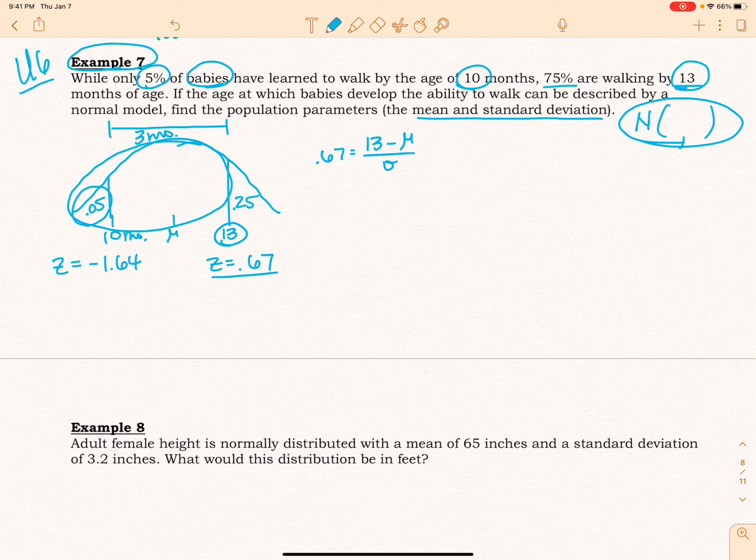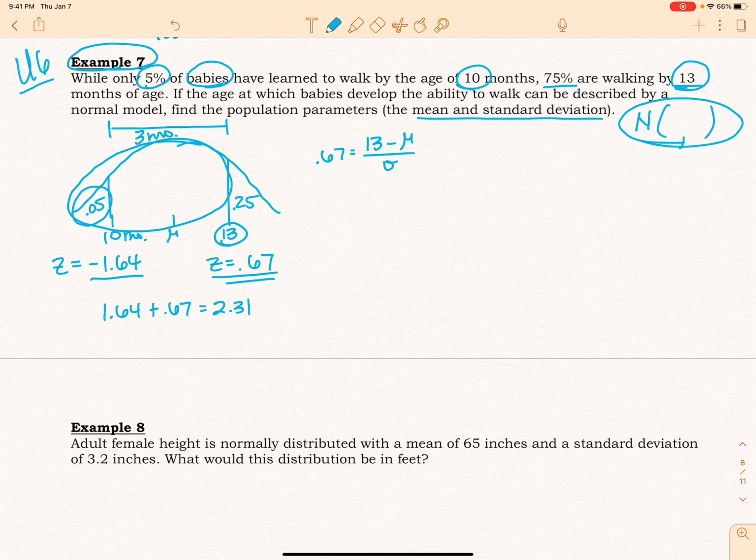So let's think about this just a little. If I look at my two z-scores, let's just add those together because they represent distance away from the mean. So 1.64 plus 0.67 is going to give me 2.31 standard deviations. So what does that tell me?